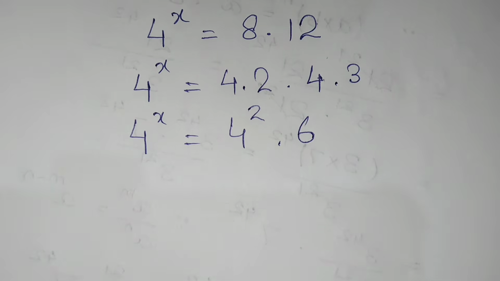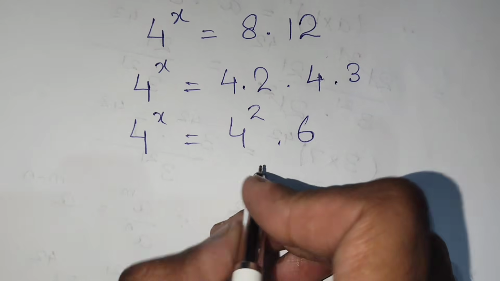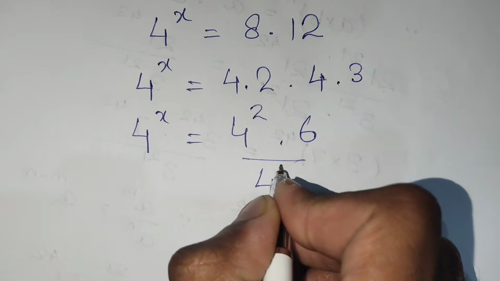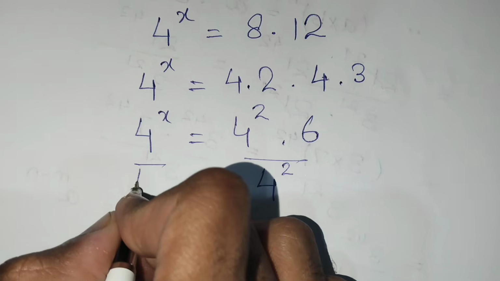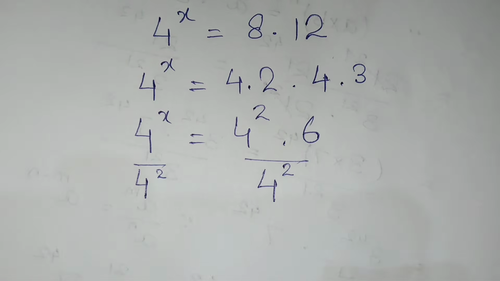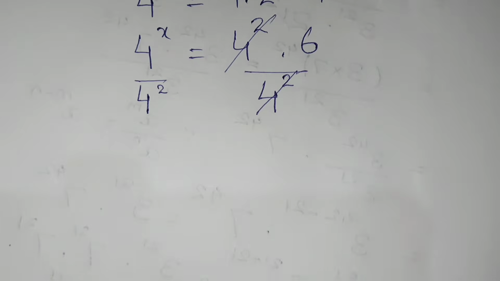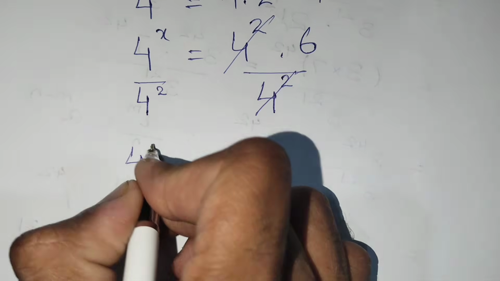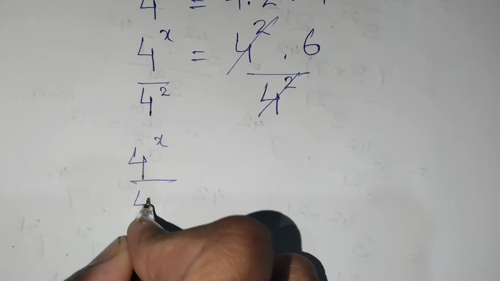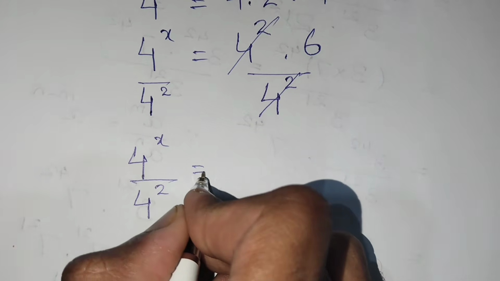Now we divide both sides of the equation by 4 square. On the right side 4 square cancels with 4 square. We have 4 power x over 4 square is equal to 6.